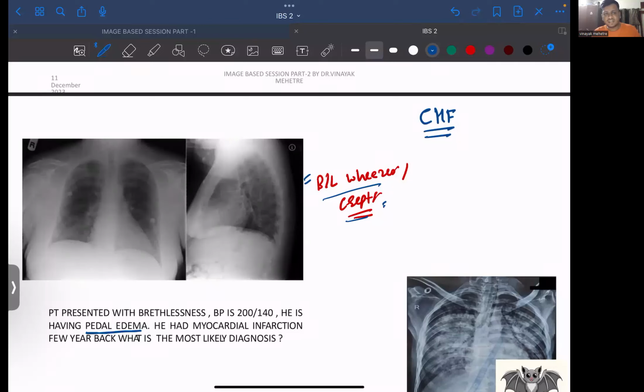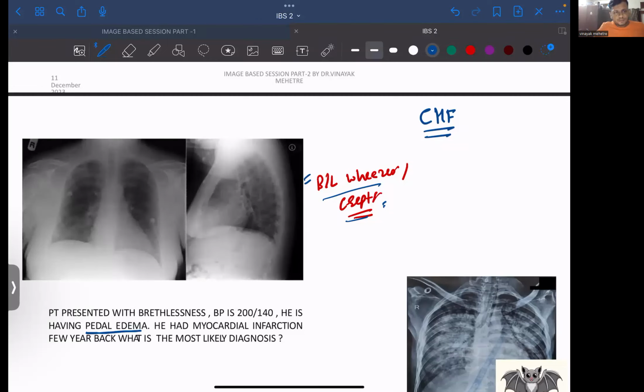Even in that, the patient's creatinine can be increased. The case which is present in front of you is all complex. But just remember, BP is increased, pedal edema is there, history of MI, CHF. Even a CKD patient with pedal edema and bilateral wheezes is now in CHF. Okay, he needs dialysis to decrease this CHF effect. Alright.